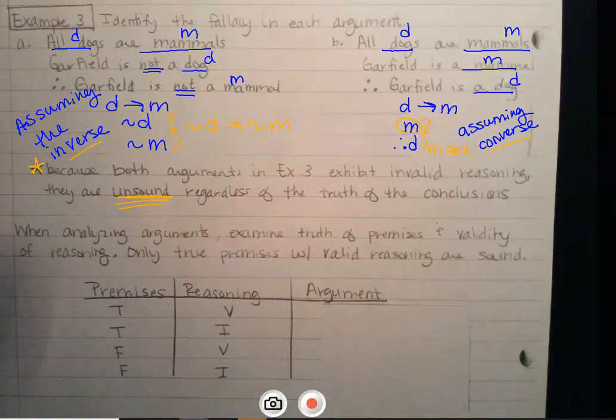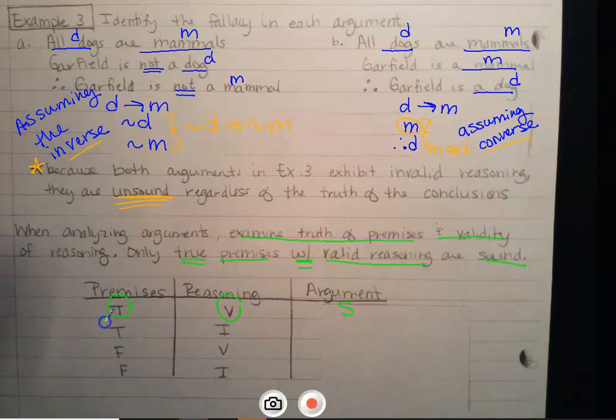Okay, next up, when analyzing arguments, we have to examine the truth of the premises and the validity of reasoning. Only true premises with valid reasoning are sound. So they have to have true premises and valid reasoning. Okay, so if our premises are true and the reasoning is valid, then our argument is sound.